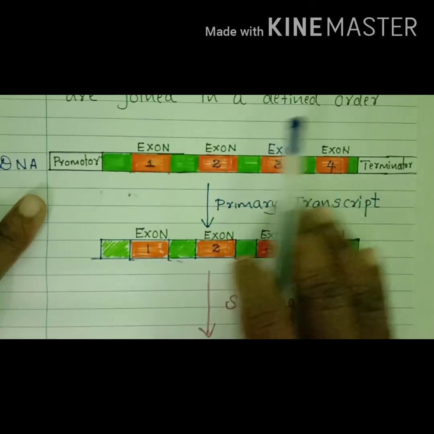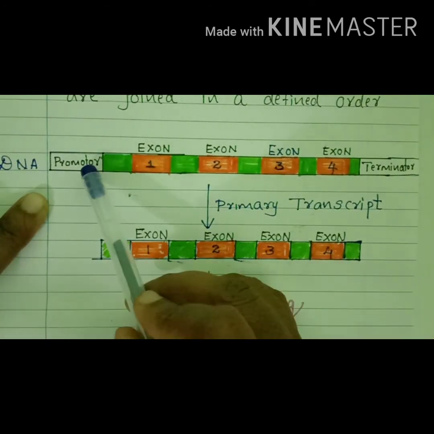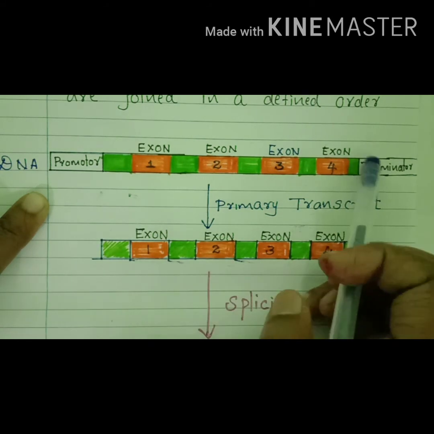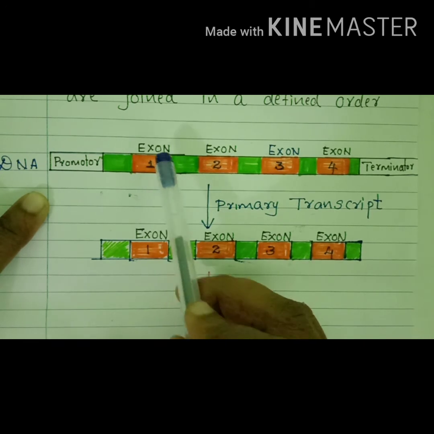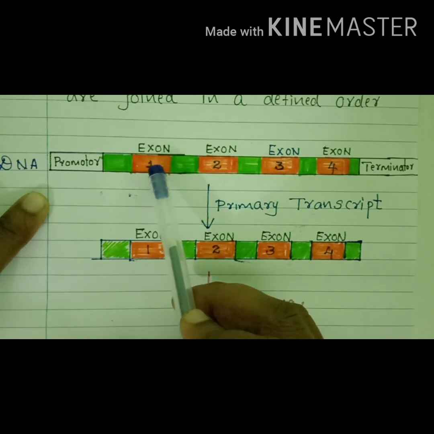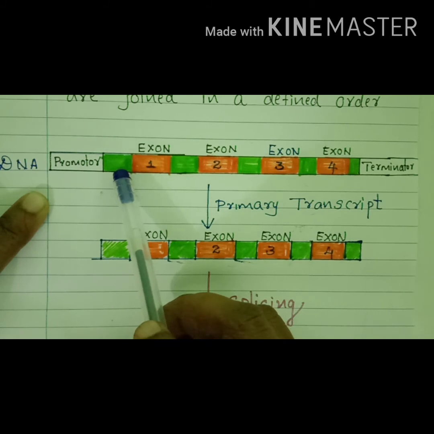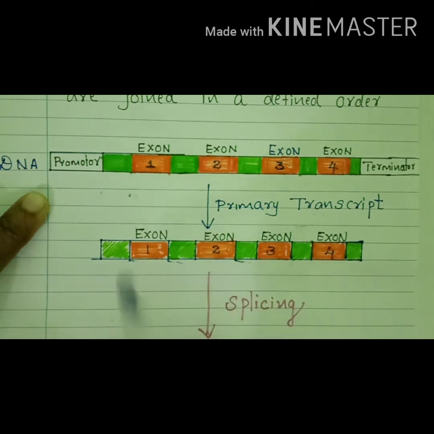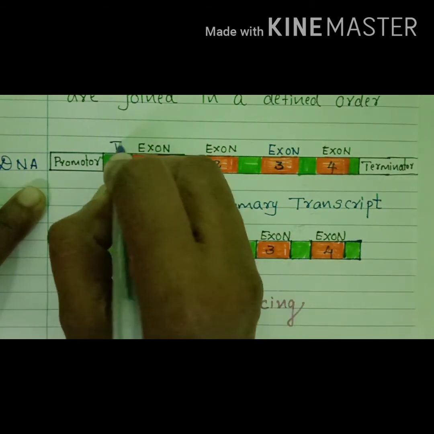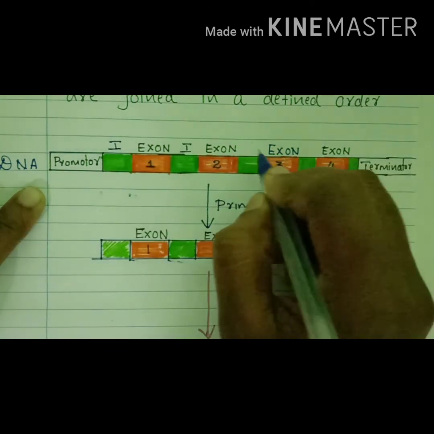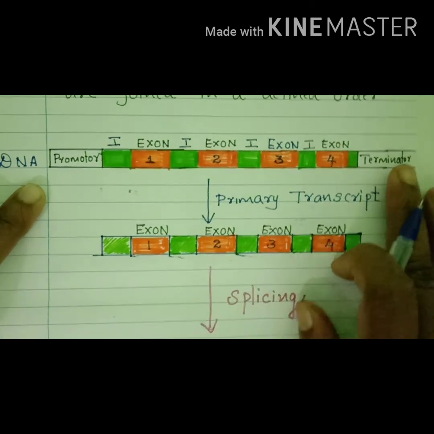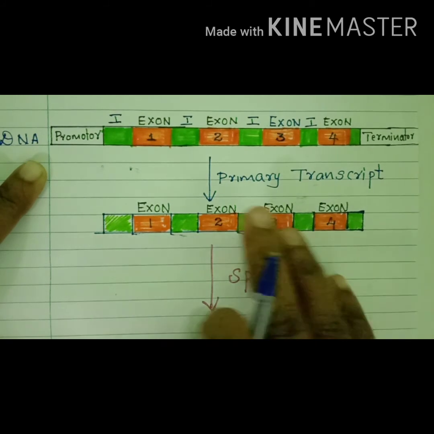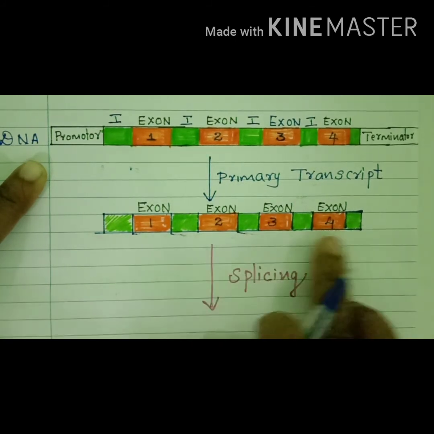Here we can see a DNA. It consists of promoter, here terminator, and in between the structural gene is interrupted with both the coding part, the exons, which can be seen in orange color, and the non-coding part, the introns, in green color. So these are the introns and the exons. During transcription, a new RNA is formed.